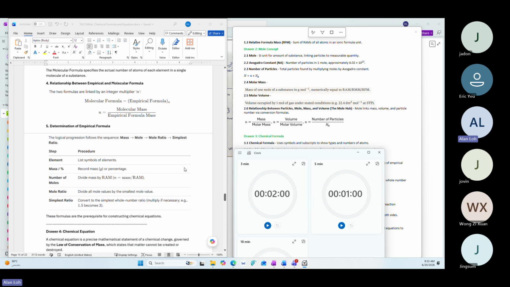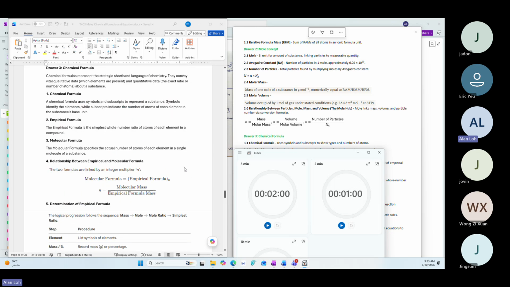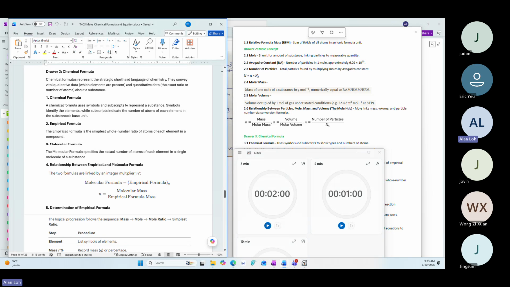Should we go to drawer 3 now? Before I go to drawer 3, something crossed my mind. For Eric and Jaden, if you were asking yourself why you are attending this class now, because this is a year 10 equivalent syllabus and I think you are year 8, the answer is very simple.